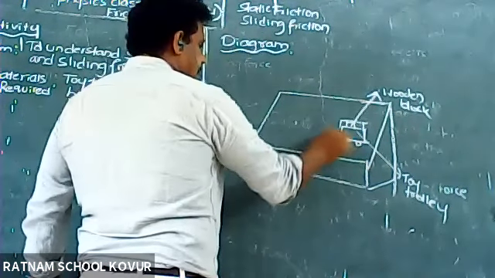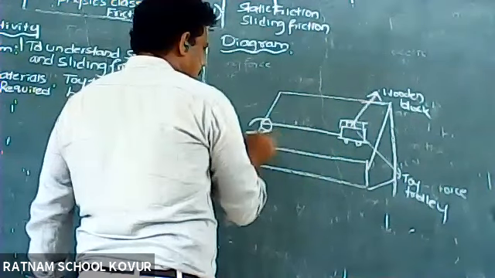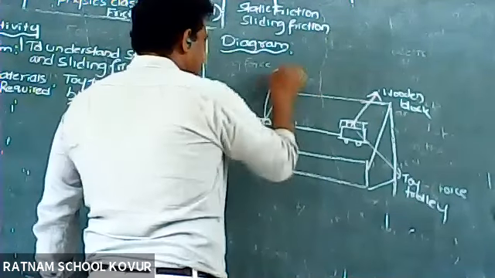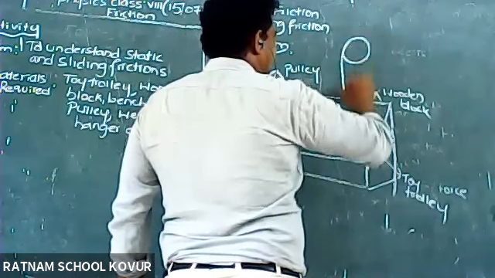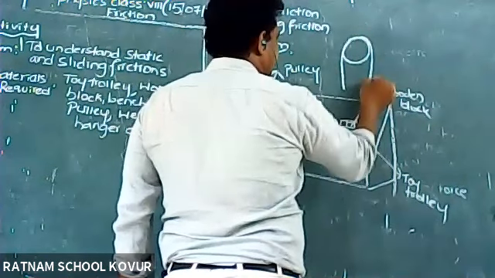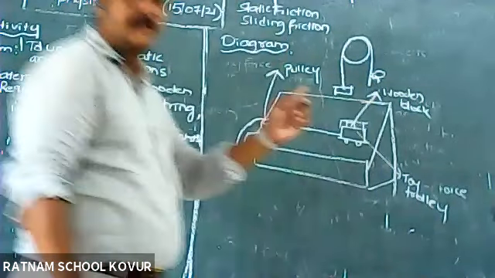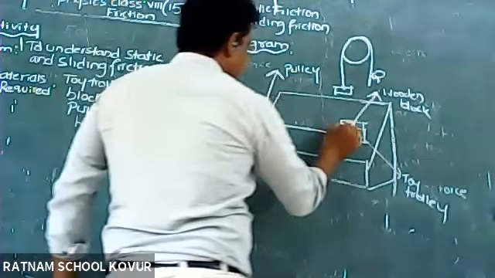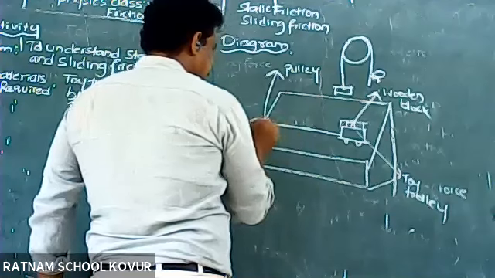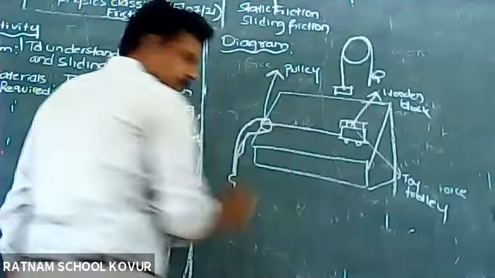Now, with the help of one string, you tie one pulley. Pulley means, normally when you are drawing water, it will have two masses hanging. So with the help of a string, the pulley is suspended here.